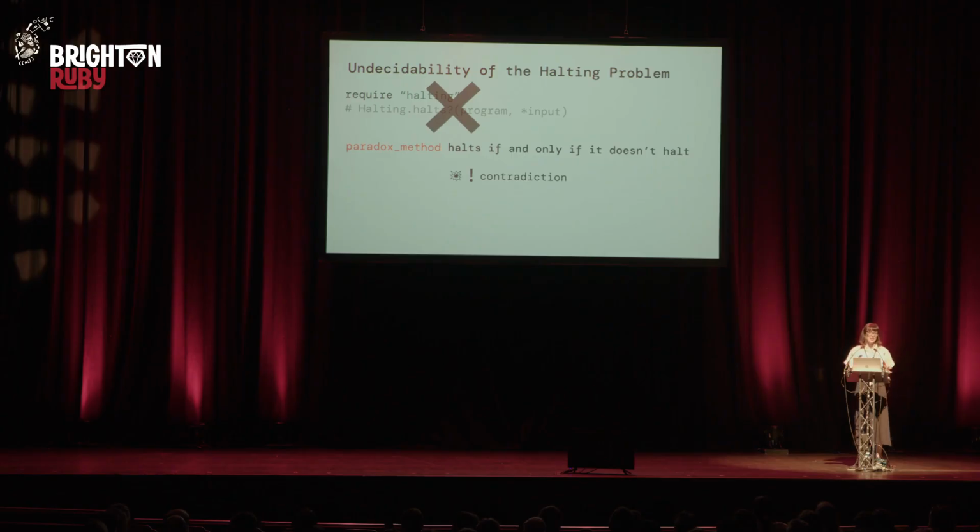So we will be here, and we see that this program halts and returns true. Okay, so what we have arrived at is that paradox method halts if and only if it doesn't halt. So this is a contradiction. That means that our initial assumption, that such a gem, such a solution in Ruby to the halting problem exists, is false.